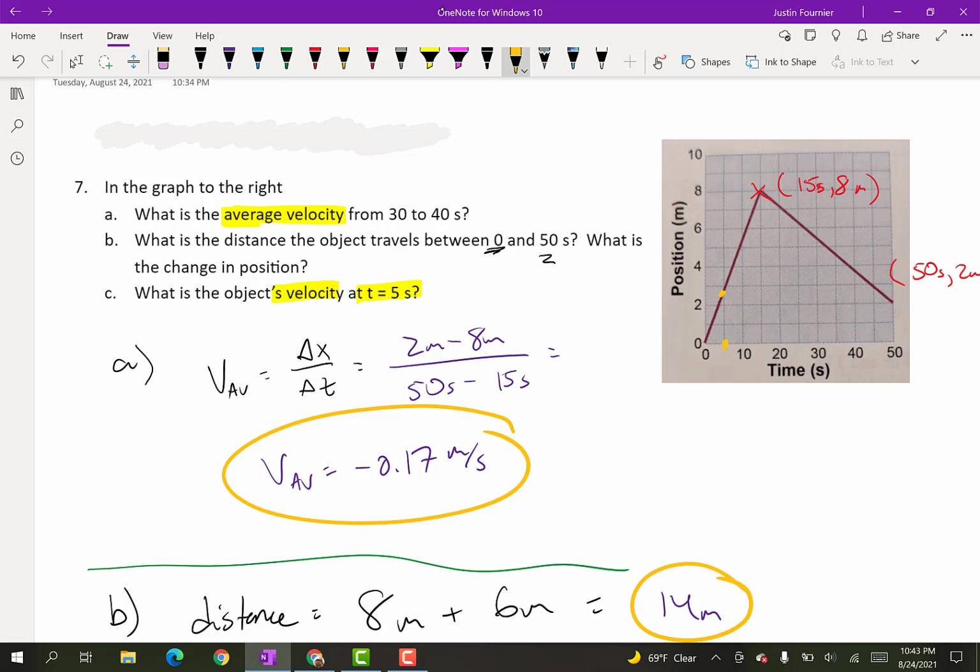Again, just like I did with the first problem, I can see that the velocity, which is the slope of a position versus time graph, is constant. So I just need to find the slope of this graph. I'm going to choose points that are convenient for me. So I'm going to choose that point, which is the same up there. It's 15 seconds, 8 meters. And I'm also going to choose the point down here, which is 0 seconds, 0 meters. So that's going to allow me to calculate the velocity really easily.